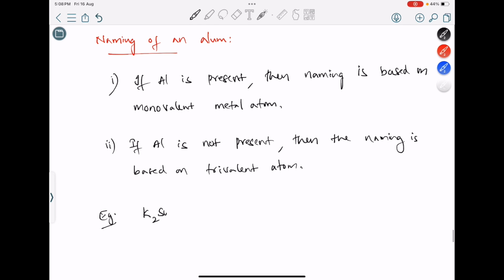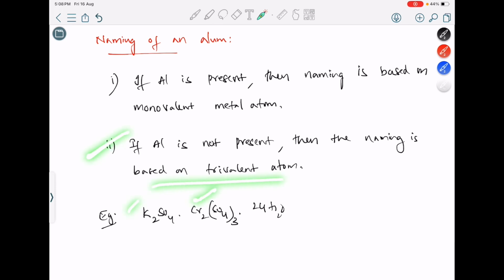We have K2SO4·Cr2(SO4)3·24H2O. If you look at this alum, there is no aluminum present, so we have to follow the second rule to name this. Naming is based upon the trivalent atom, which is chromium. So the name of this alum is chromic alum, chrome alum.